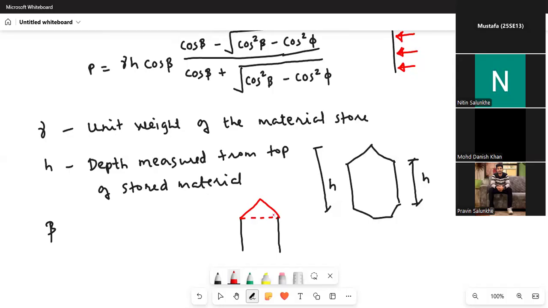So this is called surcharge. You are piling more material over the horizontal surface, and whatever angle it forms, this angle is known as beta, the angle of surcharge.